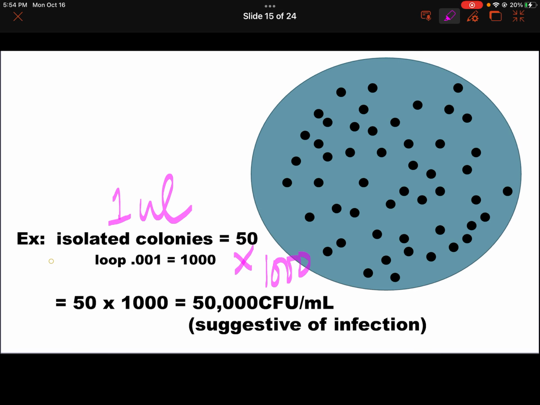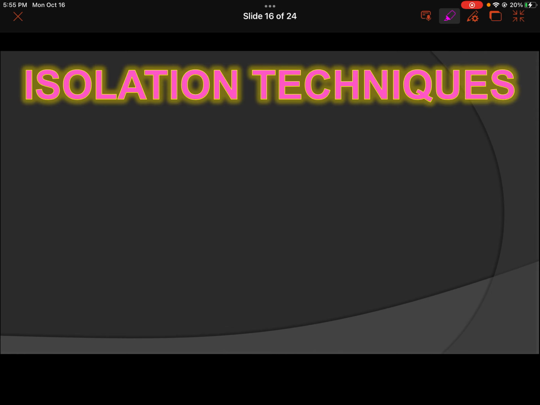So in that case, you have this interpretation. 50 times 1,000, so that is 50,000 CFU per ml. So that is suggestive of infection. Another thing, we have another isolation technique.